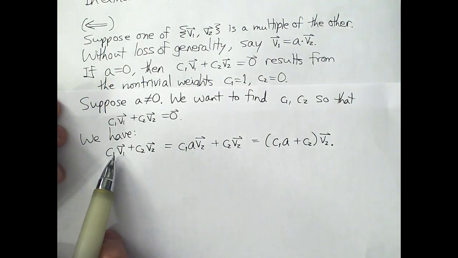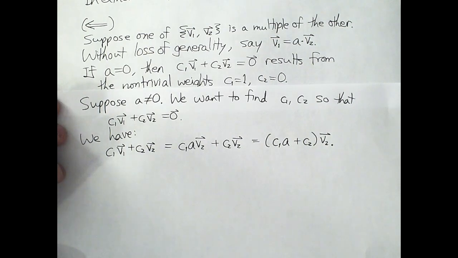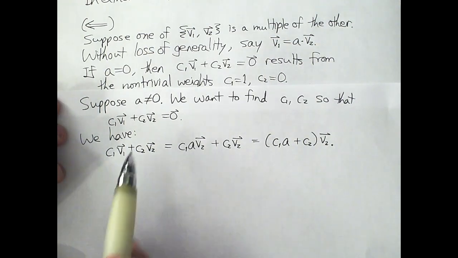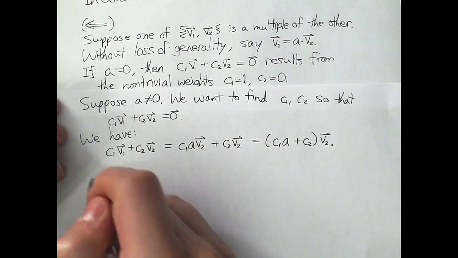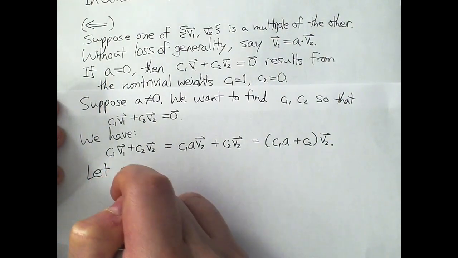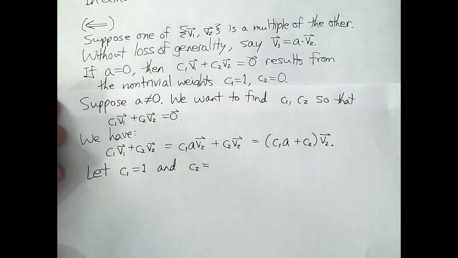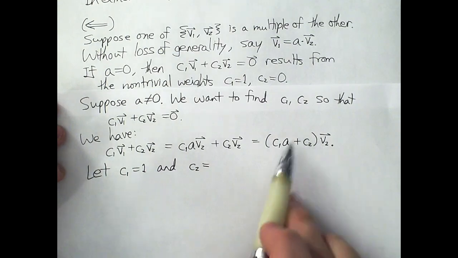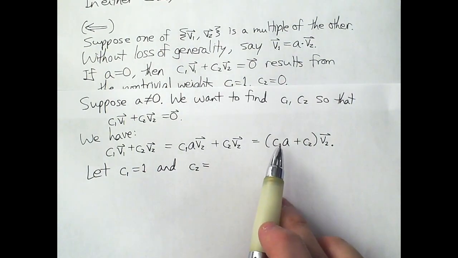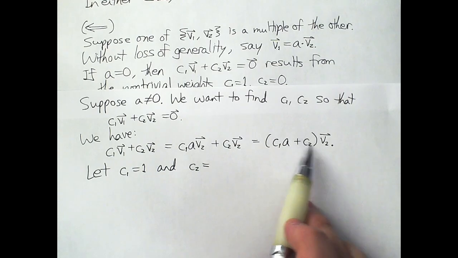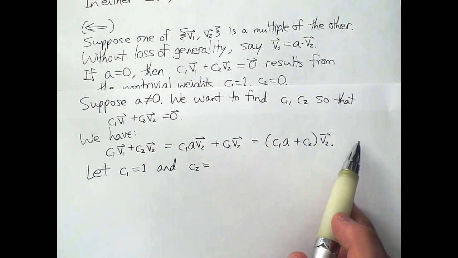We started with this left-hand side. We're trying to show that this thing equals 0. Or I guess I should say we're trying to show that there are weights C1 and C2 so that this will equal 0. So we can decide what C1 and C2 are. I'm looking at this, I'm trying to ask myself, what should I make C1 and what should I make C2 to guarantee that this thing equals the 0 vector?